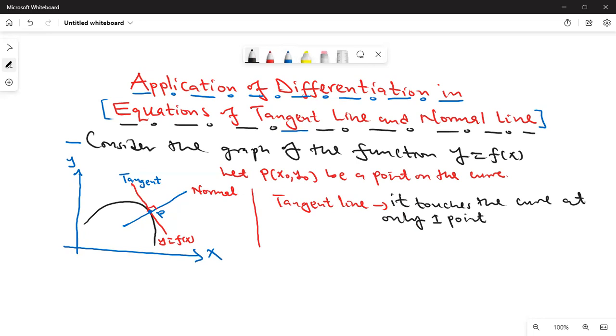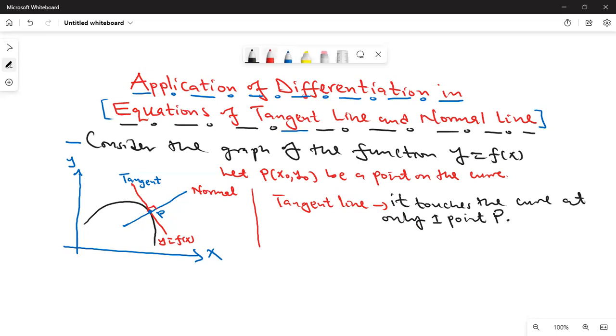A line which touches the curve at only one point is called the tangent line. So the point in this case is point P, and only one point, that is P.